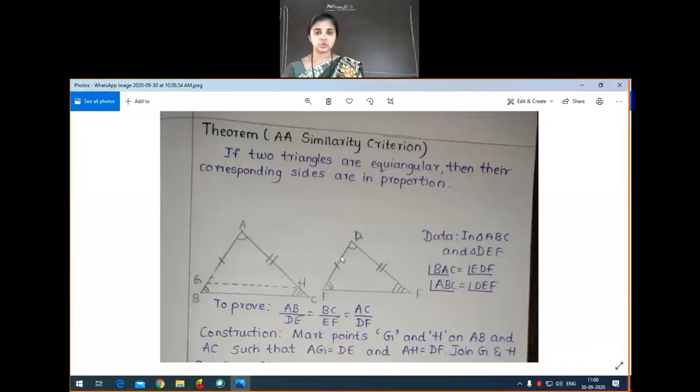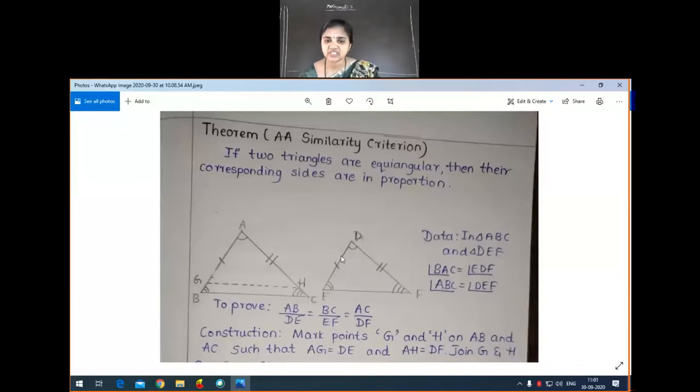If in two triangles corresponding angles are equal, then their corresponding sides are in the same ratio or proportion, and hence the two triangles are similar. This is also the statement of the AA similarity criterion.